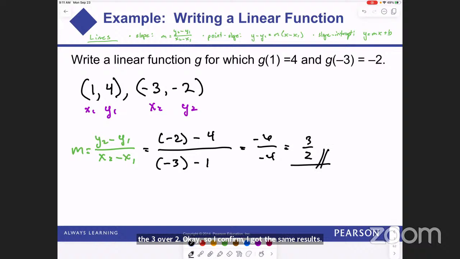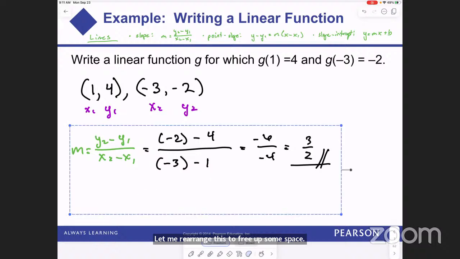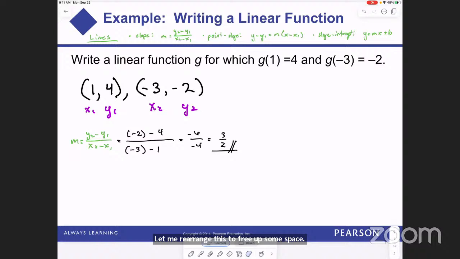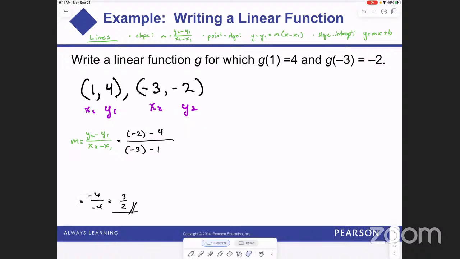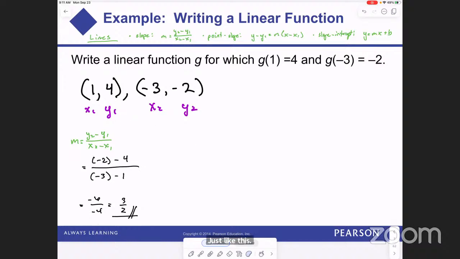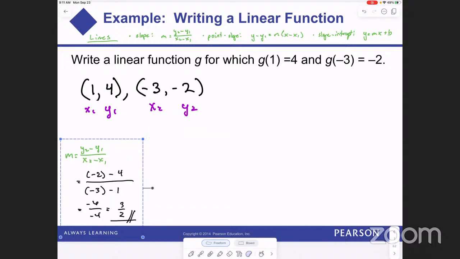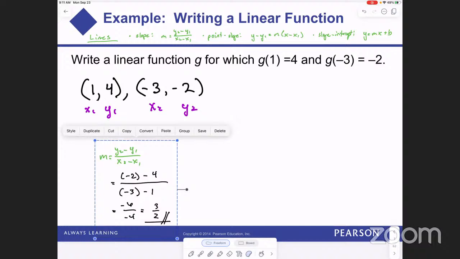Now we could use point slope, but I think I'm more of a fan of using my slope intercept, y equals mx plus b. Let me rearrange this to free up some space. Okay, good.